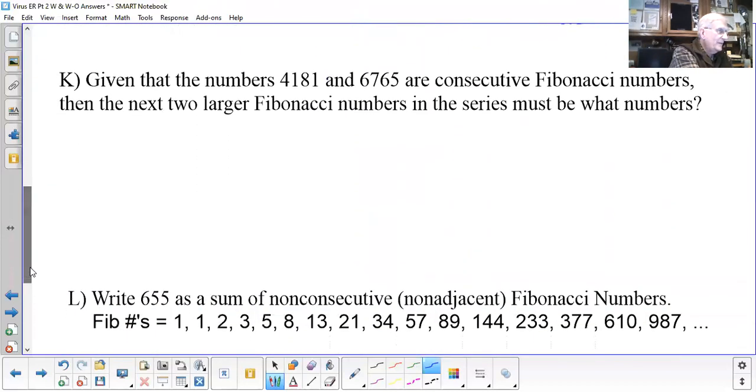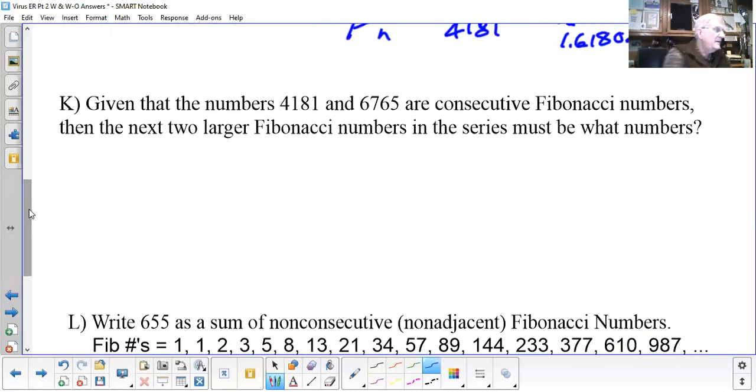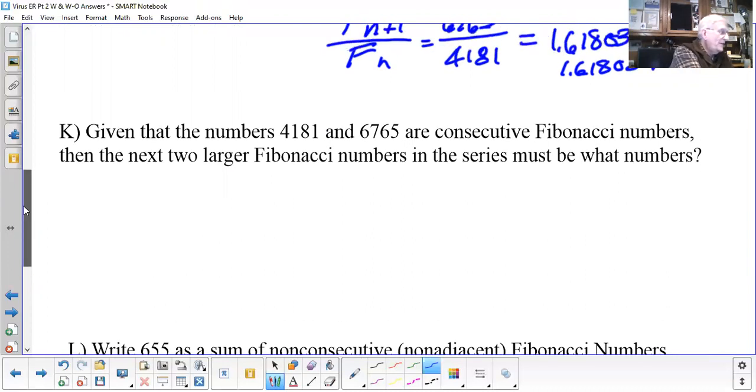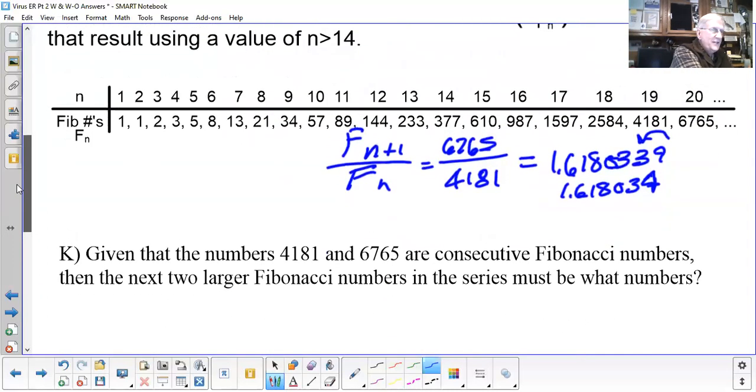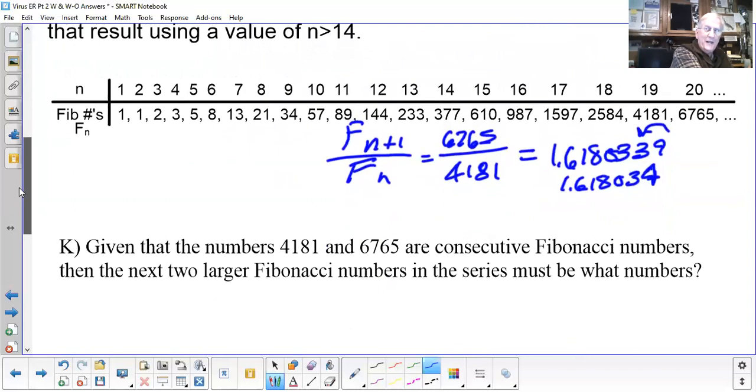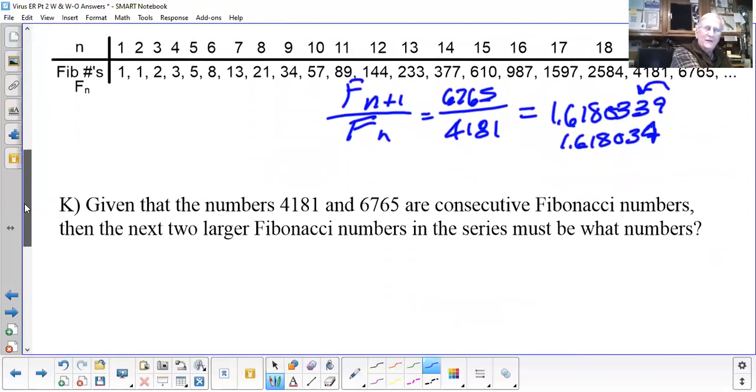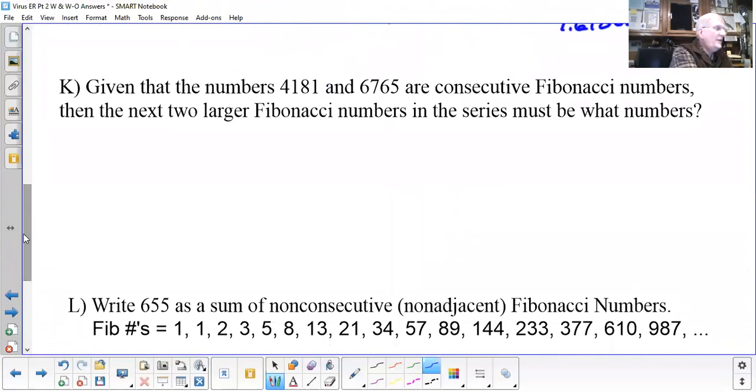Let's go on. Given the numbers 4181 and 6765, then the next two larger Fibonacci's in the series must be what numbers? Well, if you go up here and cheat, you can see I didn't give you the opportunity to cheat with the table of values up above, but all you have to remember to do is the two previous Fibonacci numbers add together to give you the next one, right?